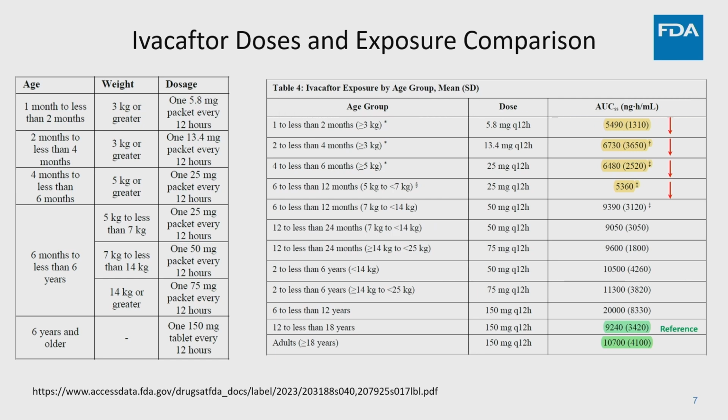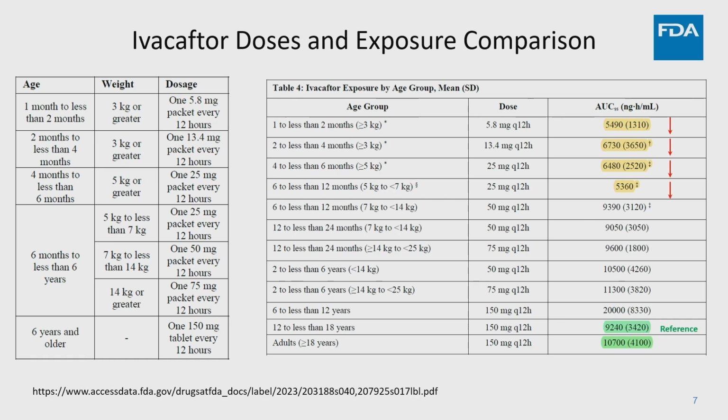Abacavir was approved first in adults, adolescents, and children 6 years and above based on efficacy and safety studies. At the bottom, for adolescents 12 years and older and adult patients, we highlight their exposure levels, which are around 10,000 for AUC.